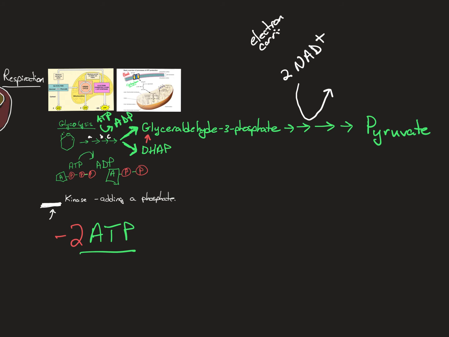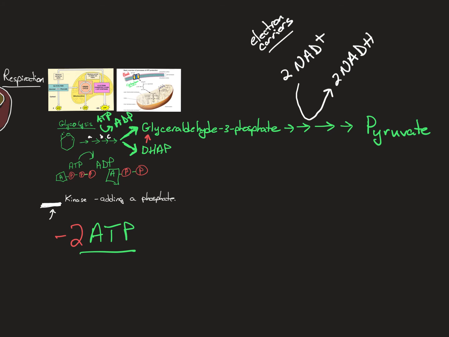And they're very important because they're the way we're really going to get some ATP out of this process. You can think of them as like a nitro booster. And what we'll produce with the NAD plus is 2 NADHs.